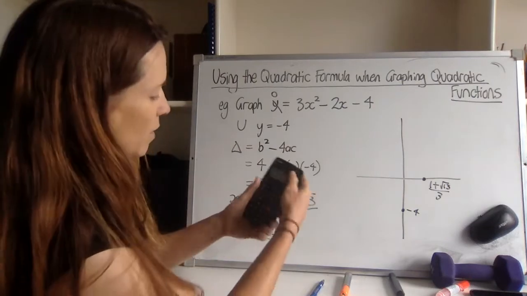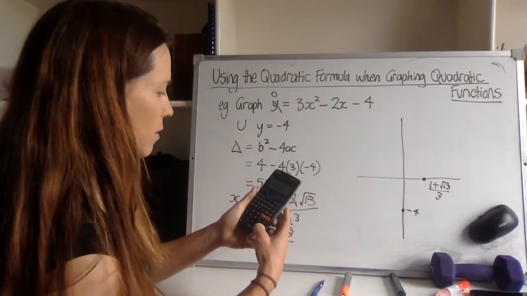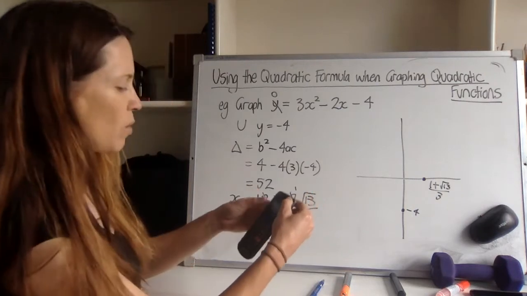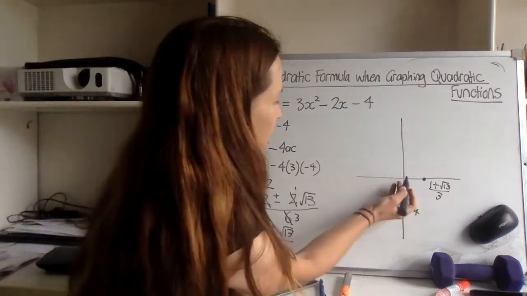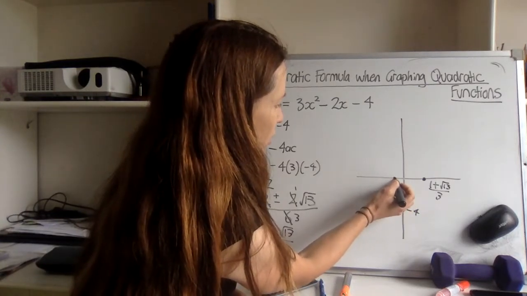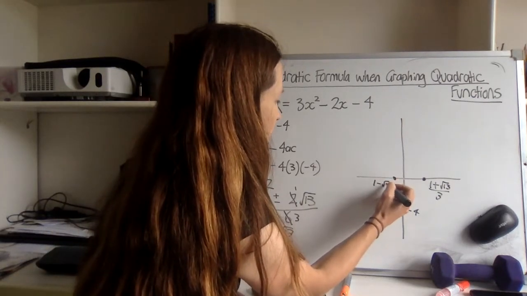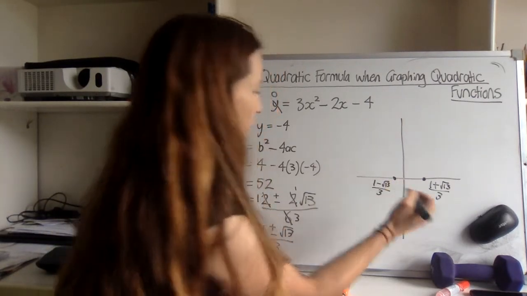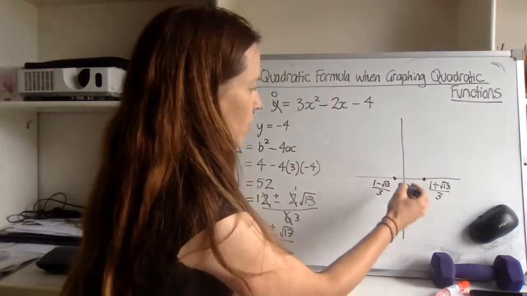And going up there and actually just changing the plus sign to a minus gives me negative 0.86 blah blah blah, keeps going, so that tells me it's a bit more than minus 1, so we can put it sort of here, and we'll label that as 1 minus root 13 over 3. That's all I really need at this point to go ahead and rough in my parabola.